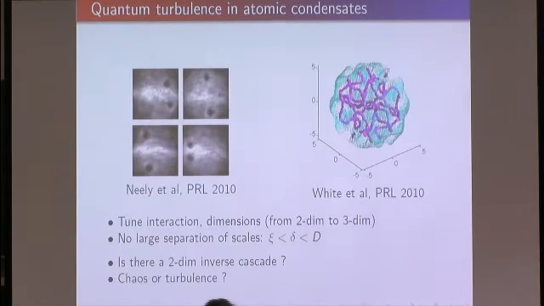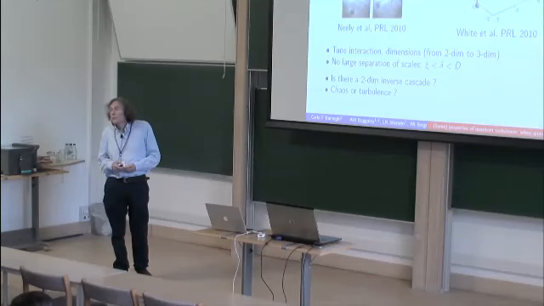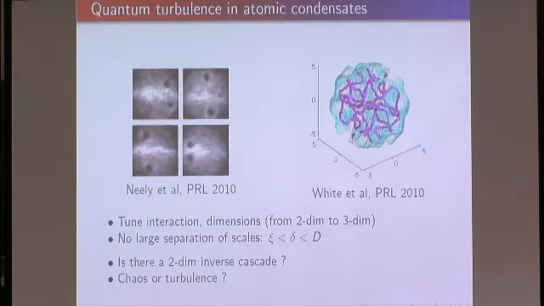You can create quantum vorticity in atomic condensates, and I want to show a couple of pictures. At the left-hand side, there is an experimental picture. You see a condensate, and the holes are a vortex-antivortex pair, which are moving back and forth, oscillating inside the condensate.